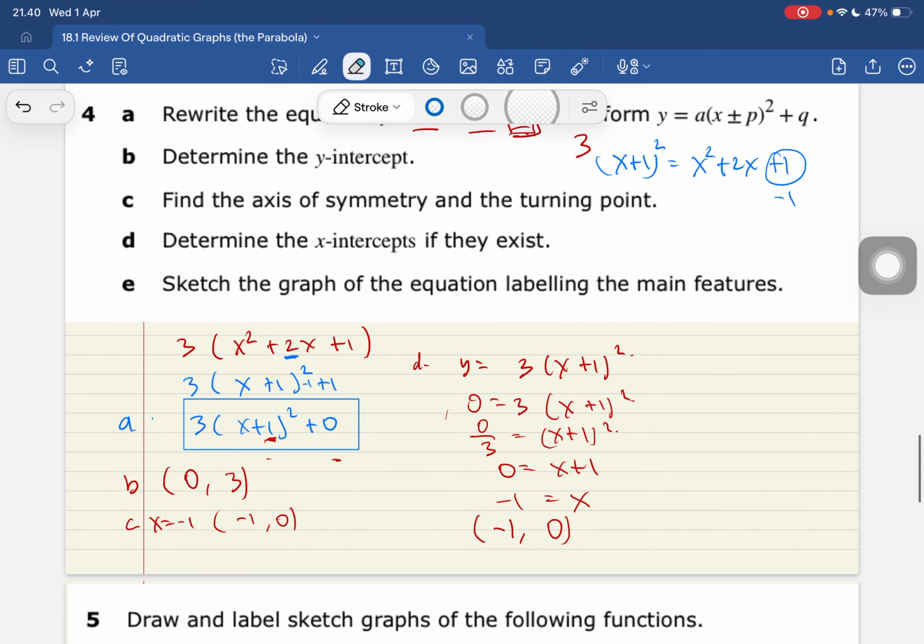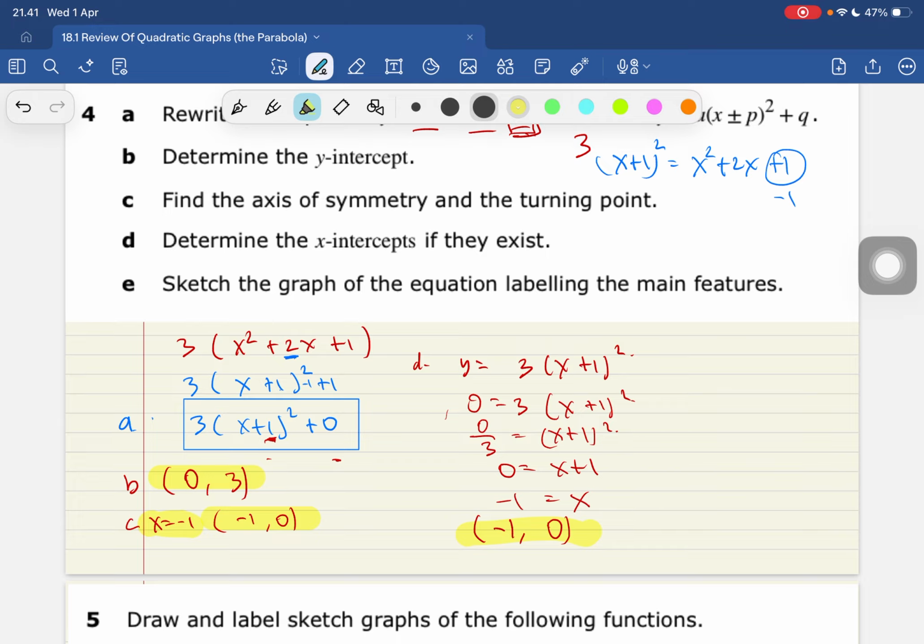Okay, E, we need to sketch the graph of the equation, labeling the main features. We got the turning point here, and we label it turning point. Then we got the line of symmetry, the y-intercept, and the x-intercept. I will sketch it. x is minus 1.